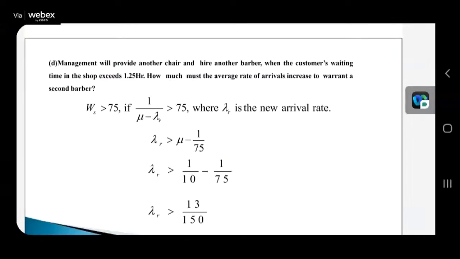Part D is a somewhat critical part, so please listen again. Management will provide another chair and hire another barber. When will they do that? When he is running his business profitably. Because if he is running at a loss, why would he need to hire one more barber and give him a salary? So there will be some condition for which the management is ready to provide another chair.